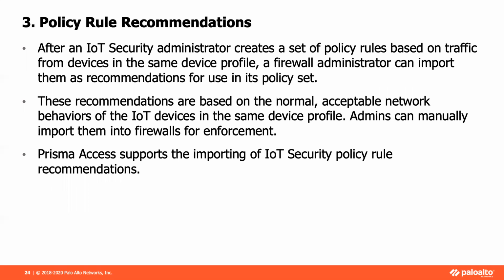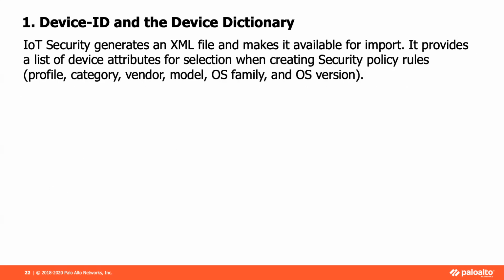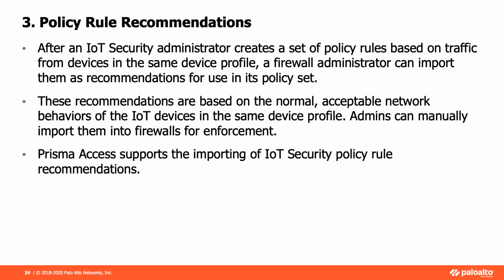Based upon this information, these device mappings and our device dictionaries, we're then able to give you policy recommendations and say, hey, this is normal behavior that can be allowed. These are threats. These are things we want to block. We can import these IoT security policy rules and recommendations either automatically or manually onto the security processing nodes for Prisma Access.